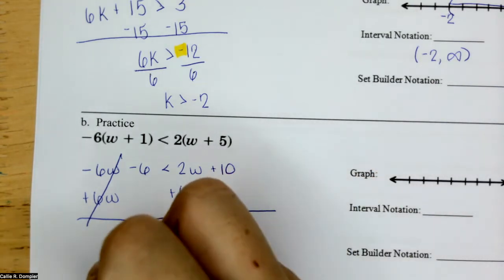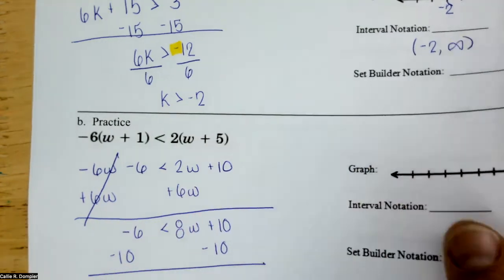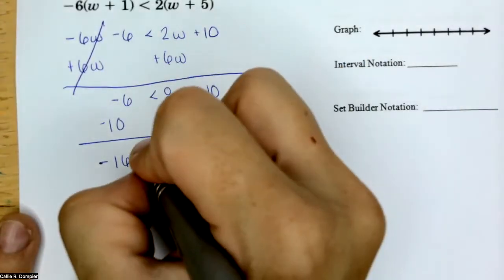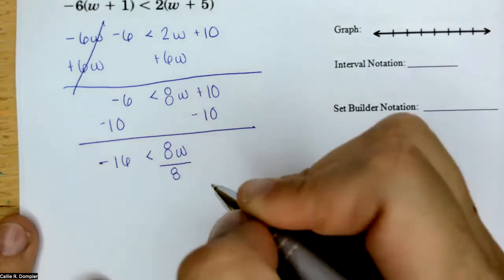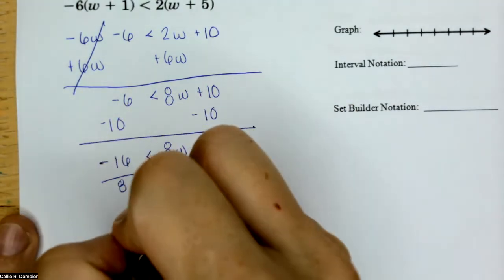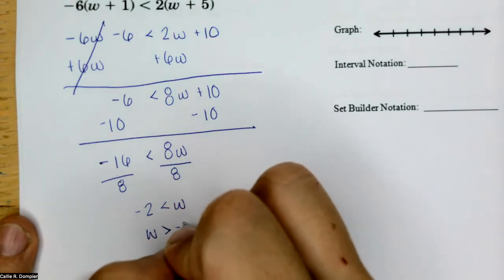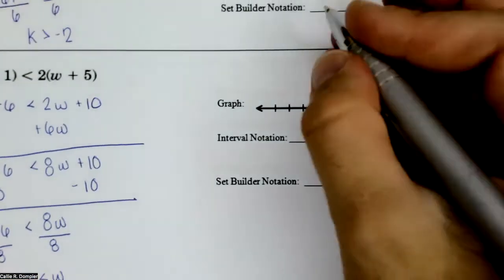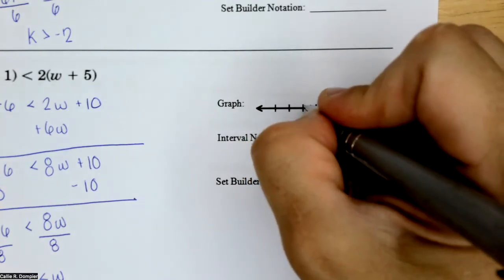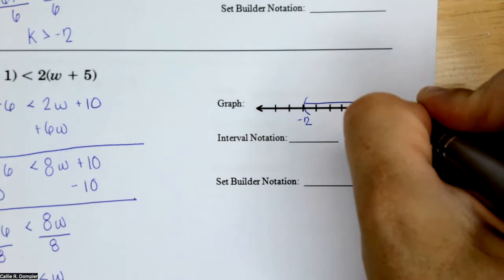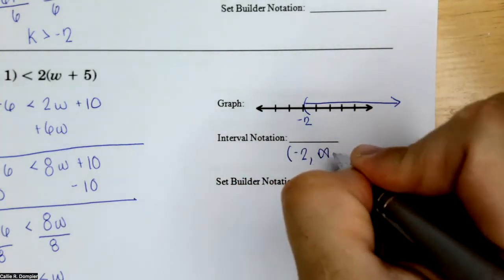Subtract 10. I get negative 16 is less than 8w. Divide by 8, divide by 8. Negative 2 is less than w, or w is greater than negative 2. Here's negative 2. W is greater than negative 2. Negative 2 to infinity.